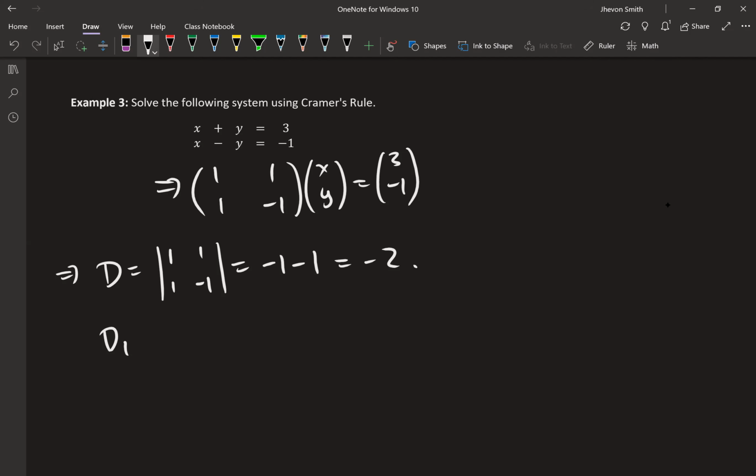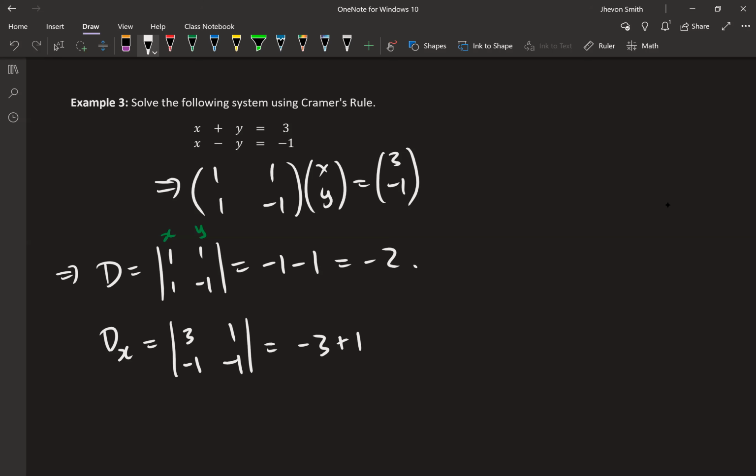My D1, or in this case, just to be suggestive, I can call it D sub x, means I go to D and replace the x column, the first column, with the constant matrix, so with 3, -1. Leave everything else the same. I would get -3 plus 1.